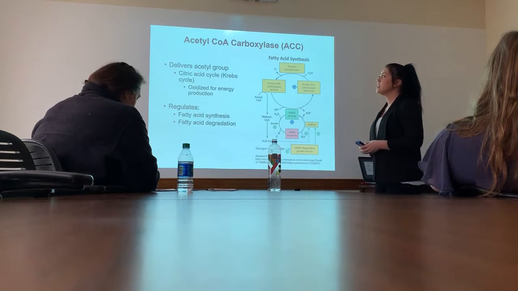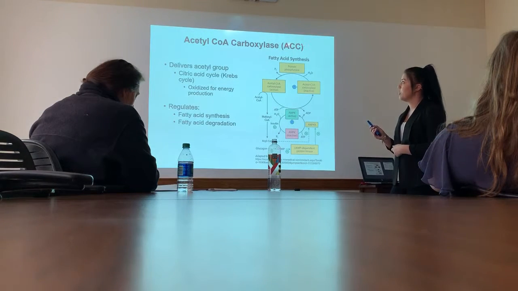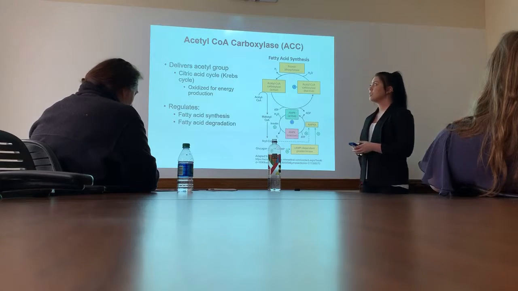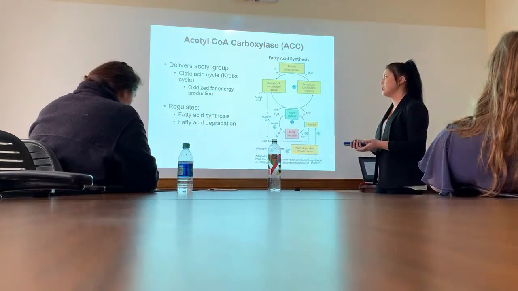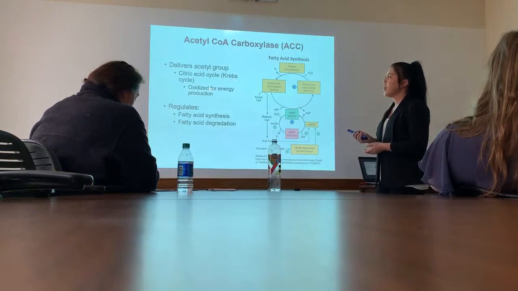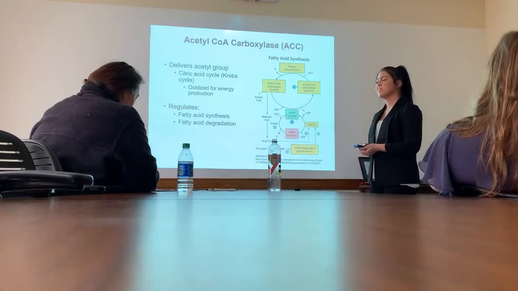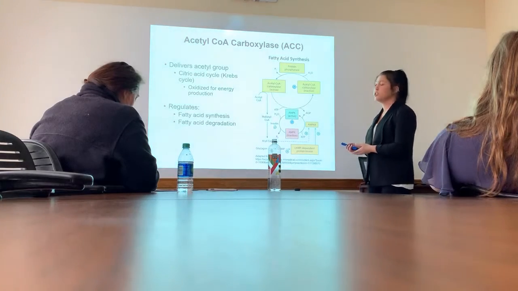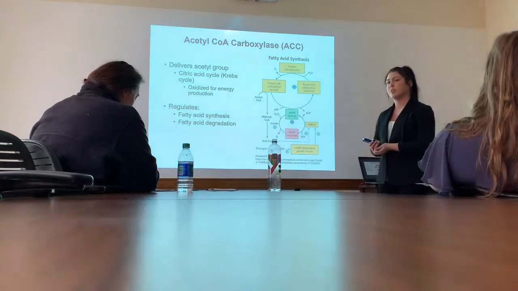Next, what is acetyl-CoA carboxylase, known as ACC within the paper? It delivers an acetyl group through the citric acid cycle, also known as the Krebs cycle, which is oxidized for energy production. And it regulates fatty acid synthesis, which is shown within this figure, and also fatty acid degradation.